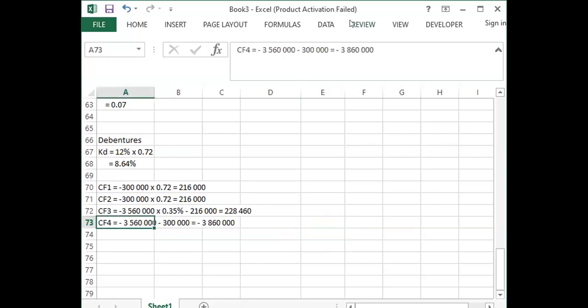Sorry, we need to adjust tax on that one, my bad. So it's not 300,000, it's instead 216, right? Taking into consideration that taxation there. So 3560 plus 216, so it's 3776.